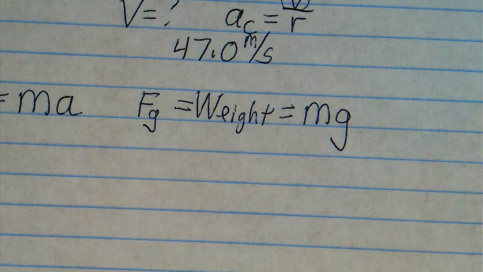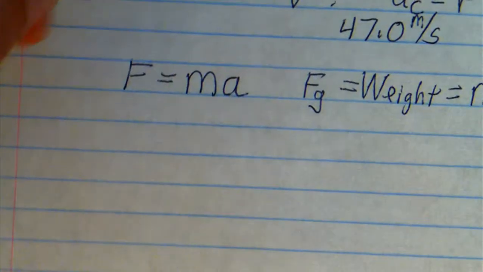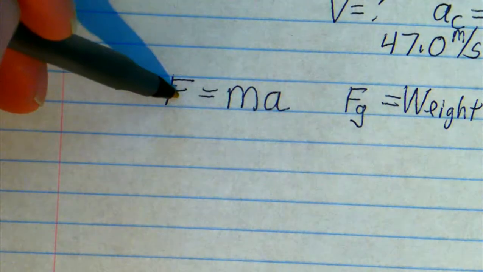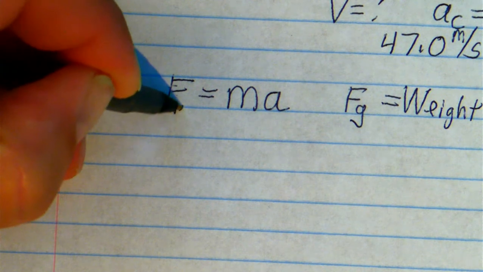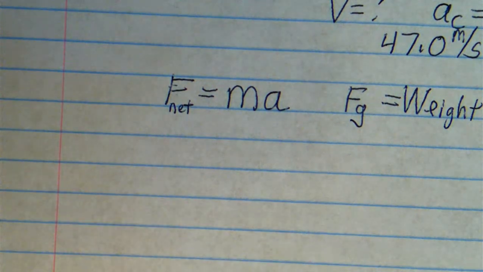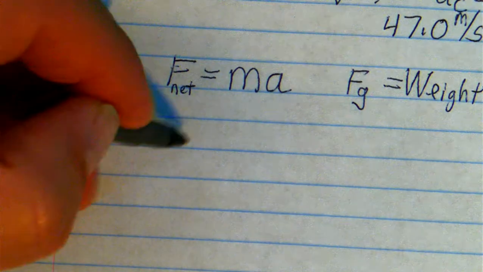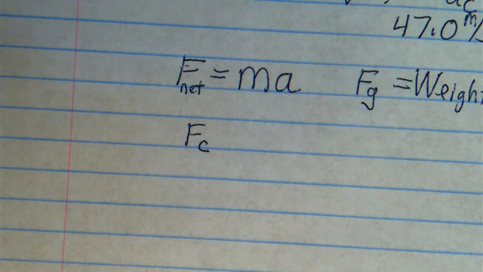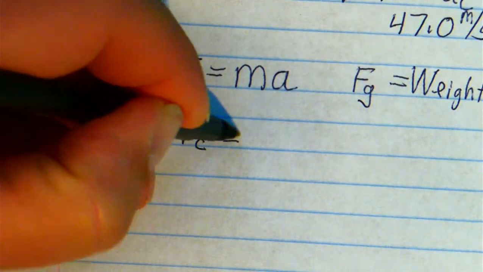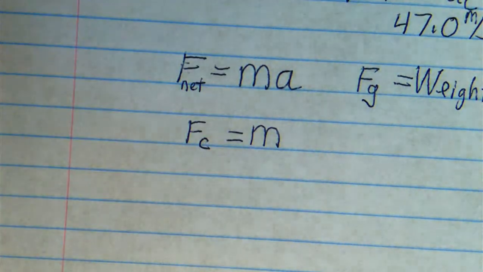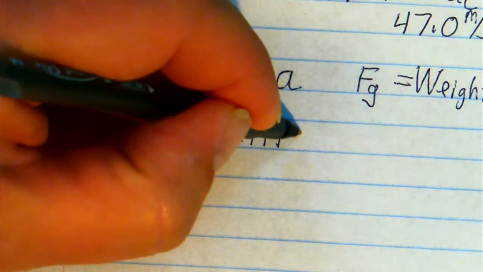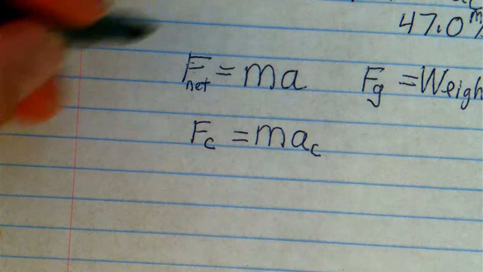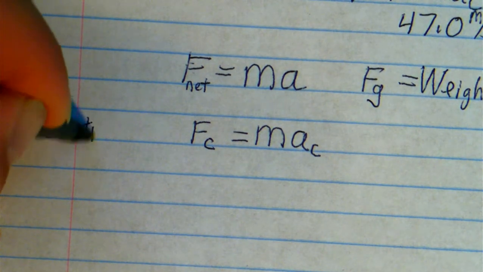So that's how we calculate your weight, of course. And the force that goes here could be the force of gravity. Often it is the net force acting on you. But my claim is it can also be the centripetal force, which would be the product of the mass of the object times its centripetal acceleration, centripetal force.